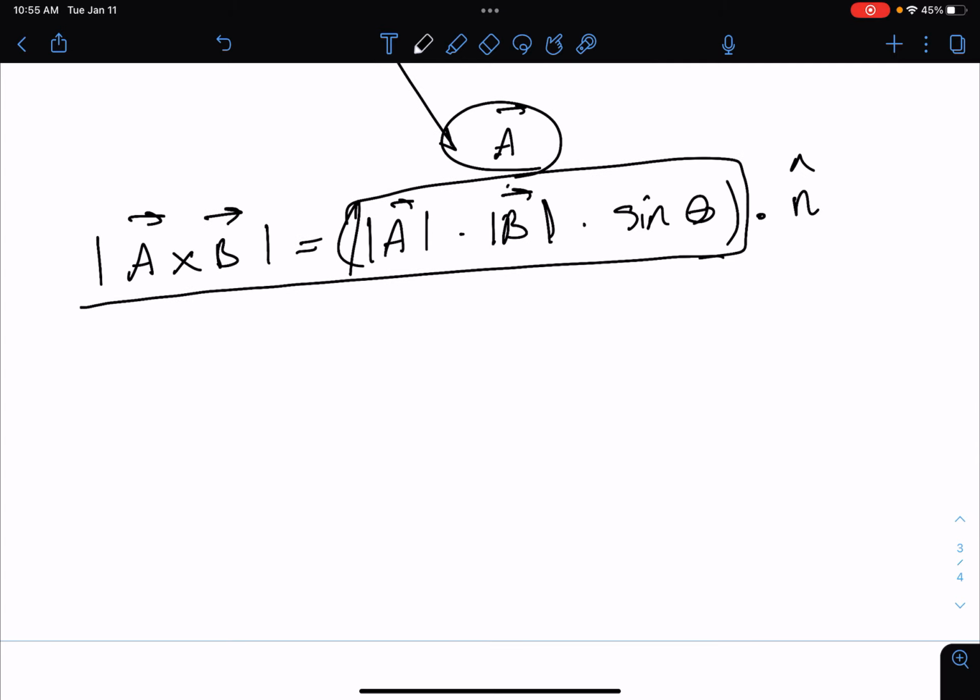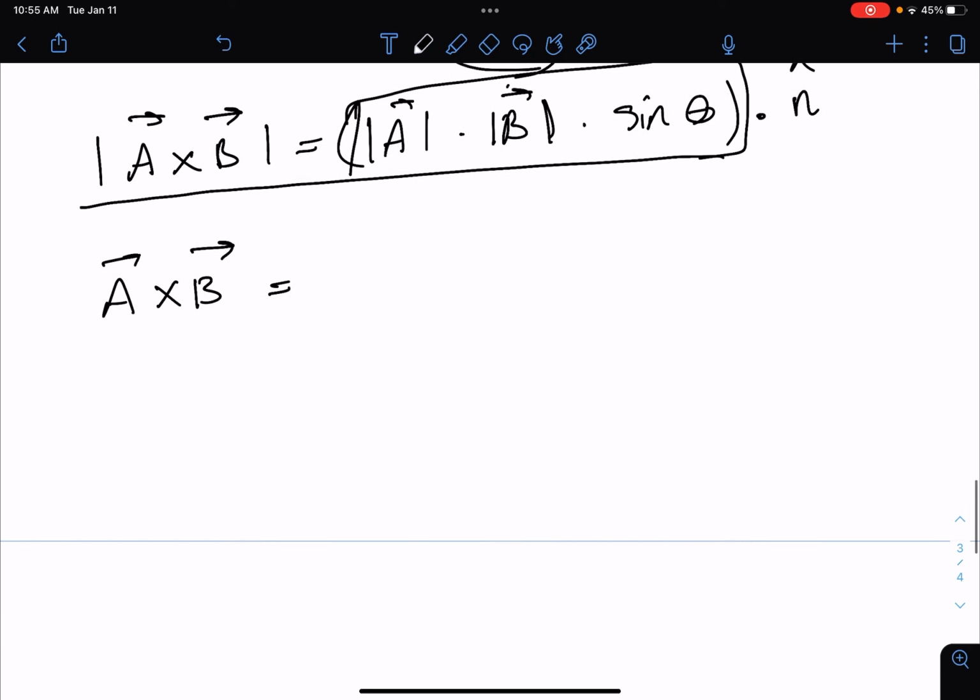But there is an easier way to get the vector form of this cross product. Who can tell me what is this easier way? The determinant, there are a couple of methods. Yeah, the method I usually use is taking the determinant, right?